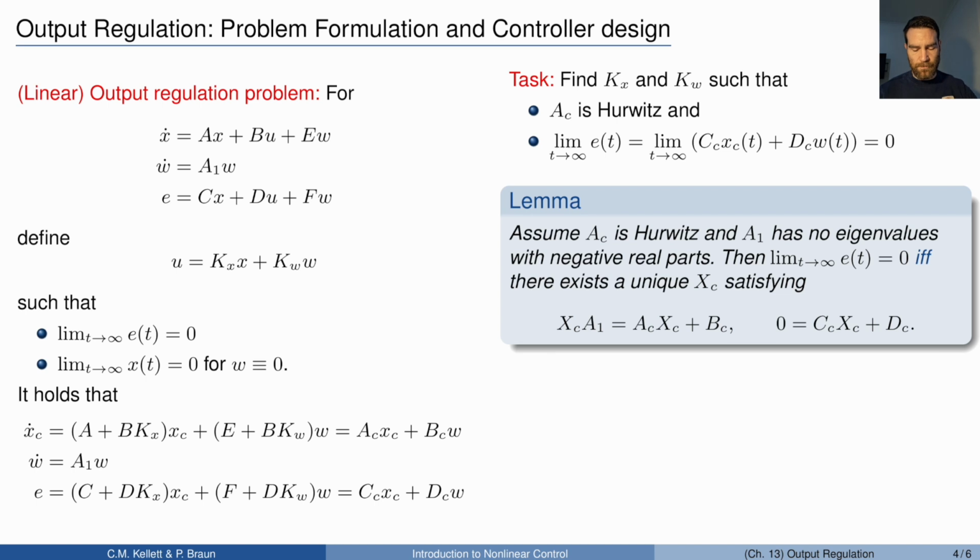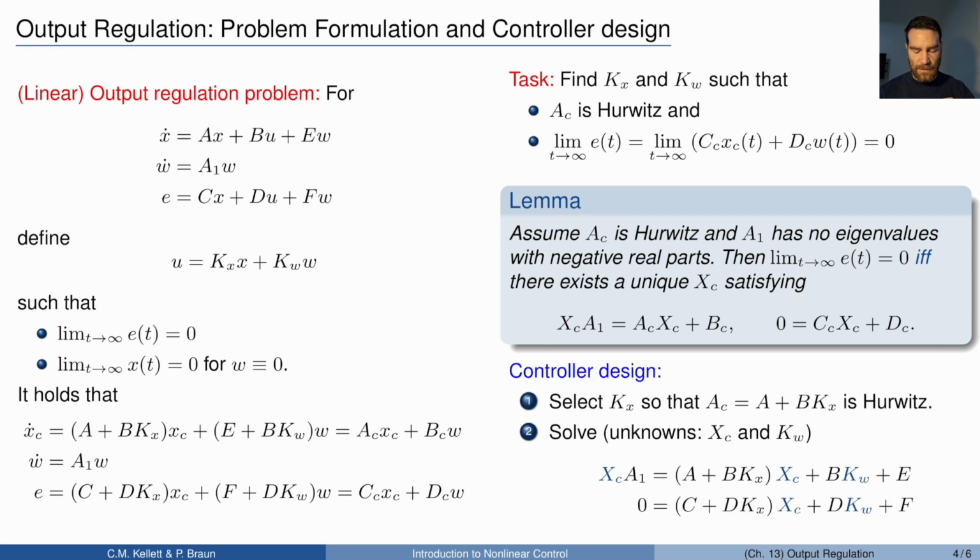So that is the result we rely on, and if we translate that to the controller design, then that means that under appropriate conditions on the matrix pair AB we can select a controller gain Kx such that A plus BKX is Hurwitz, meaning we satisfy the condition on AC being Hurwitz.